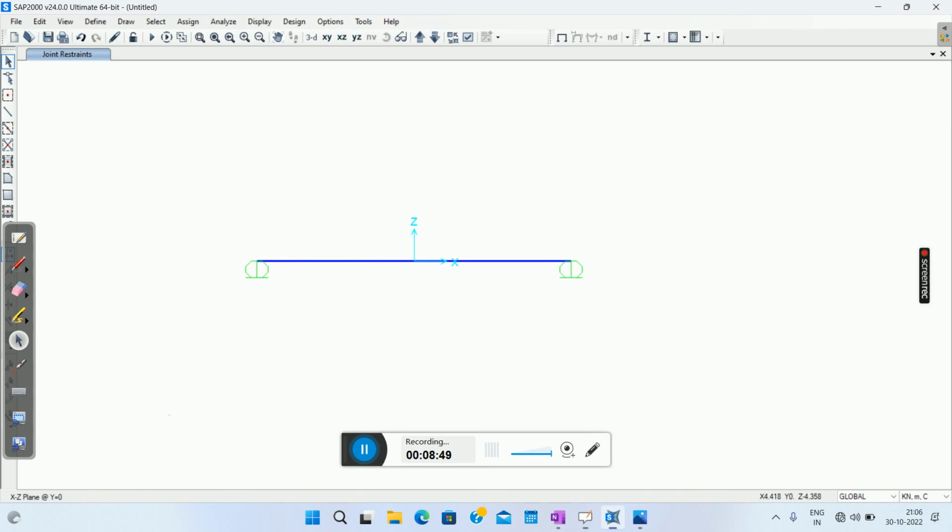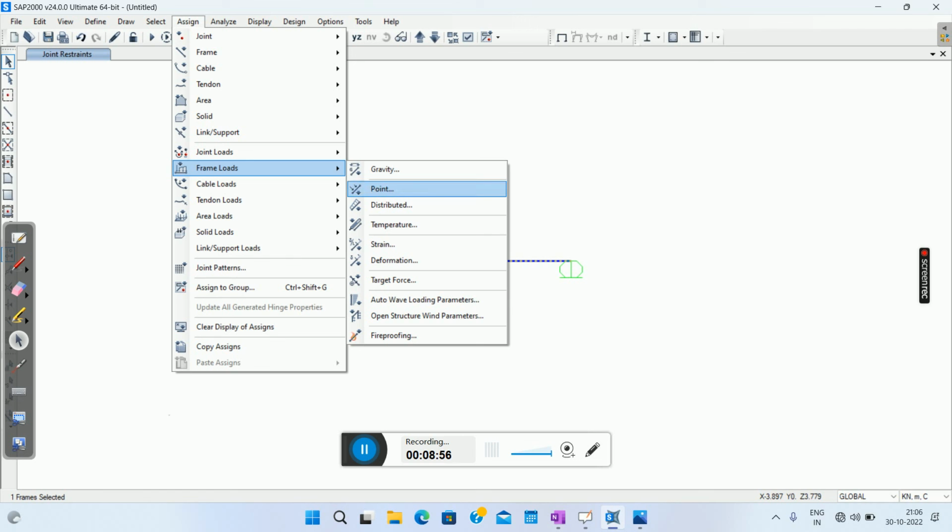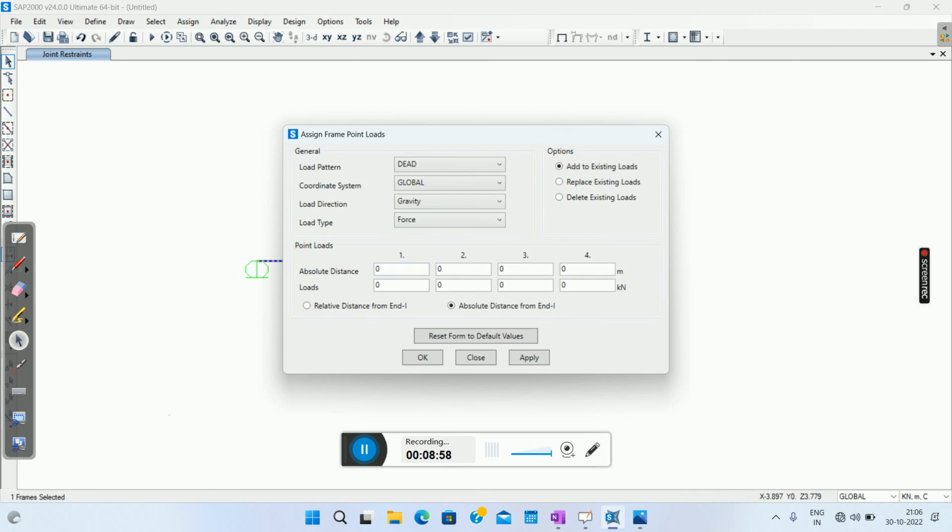Select this beam, go to assign, frame load, point load. Select absolute distance from the starting end. Distance will be 1.5, load will be 2 kilonewton.